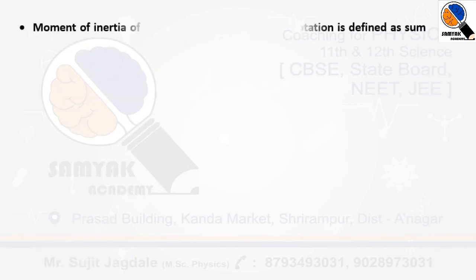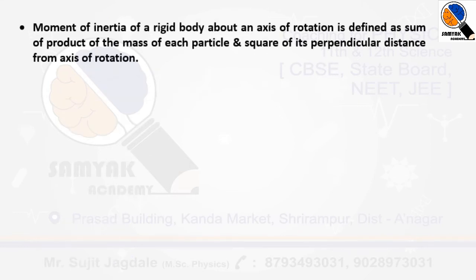So what is the definition of moment of inertia? The moment of inertia of a rigid body about an axis of rotation is defined as the sum of the product of the mass of each particle and the square of its perpendicular distance from the axis of rotation.